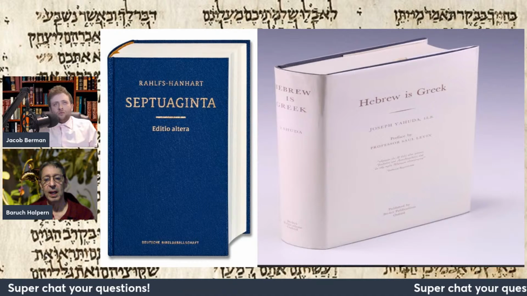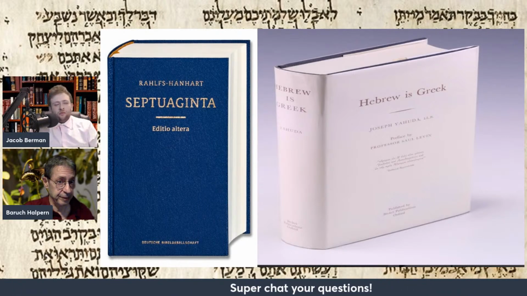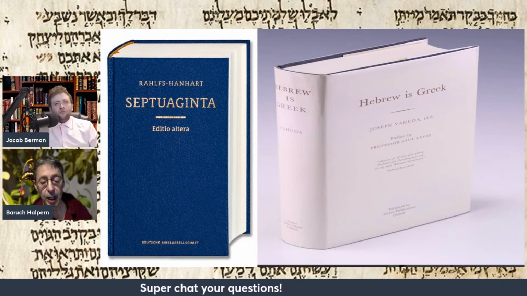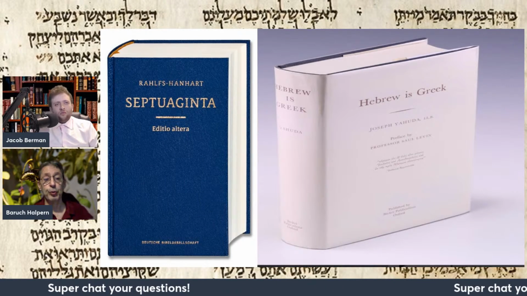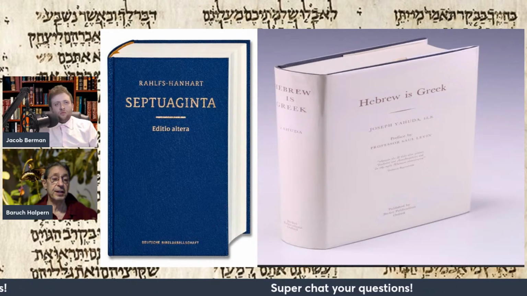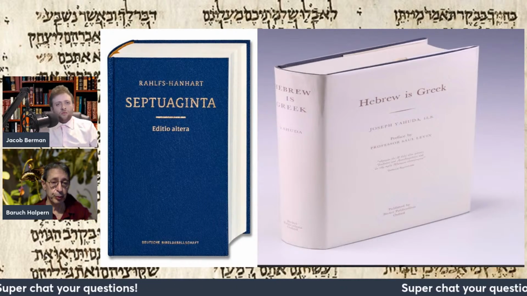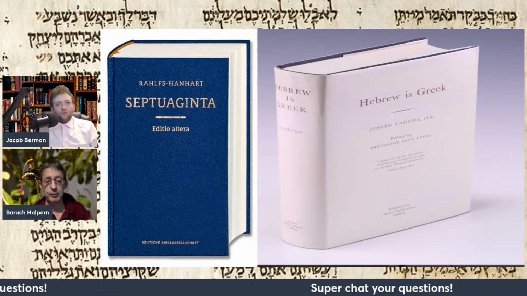That is to say, if the oldest version of the Septuagint were pure Greek, there are a lot of expressions it would not have. And in fact, there are a number of places where you can show that the Greek can come from the Hebrew, but the Hebrew can't come from the Greek.